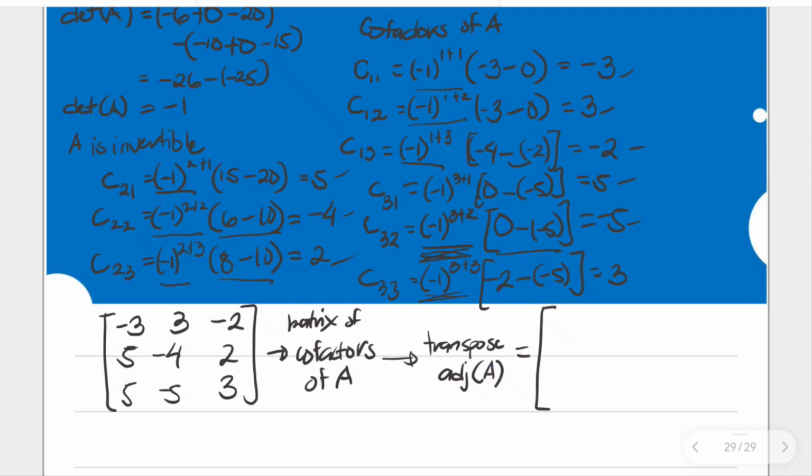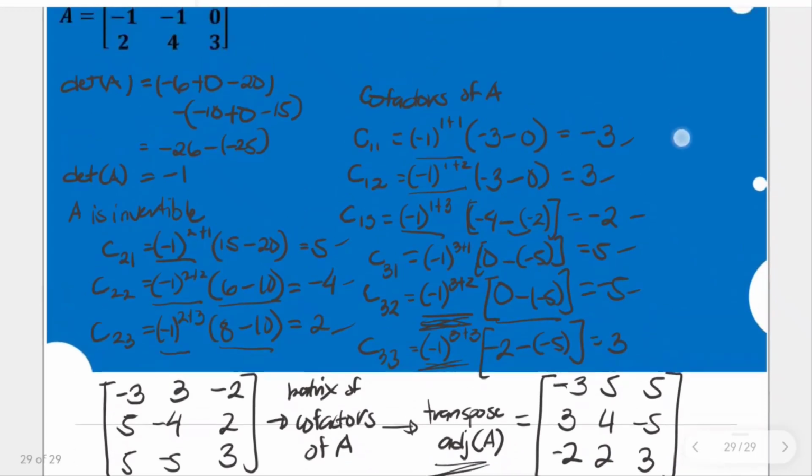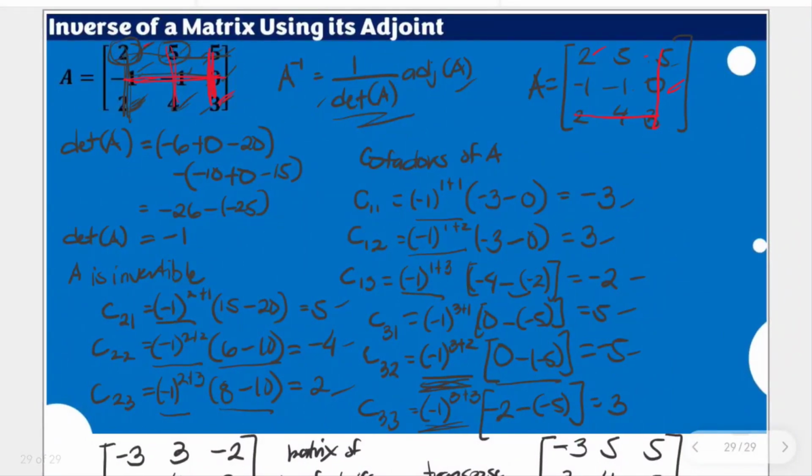So transpose, you will still have negative 3, 5, 5 here, and then you move all the entries from column to row respectively. This is your adjoint now. So to finish our inverse, this is the formula. Let me copy the formula here.